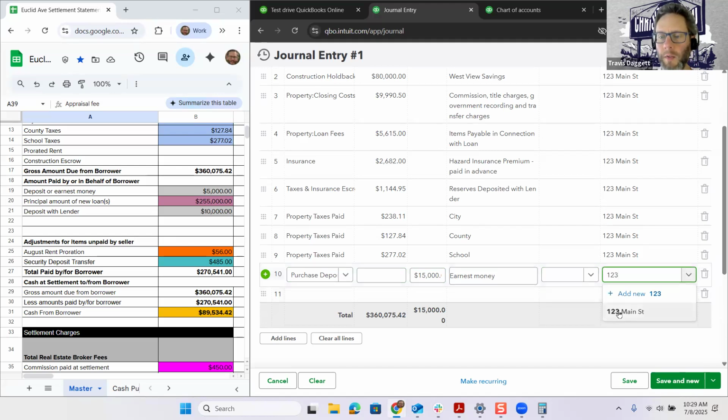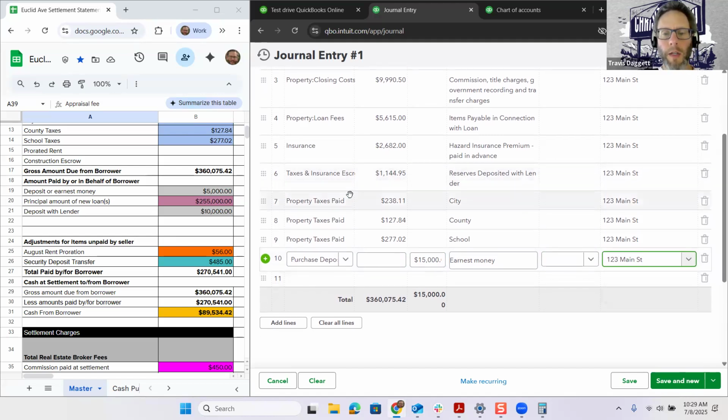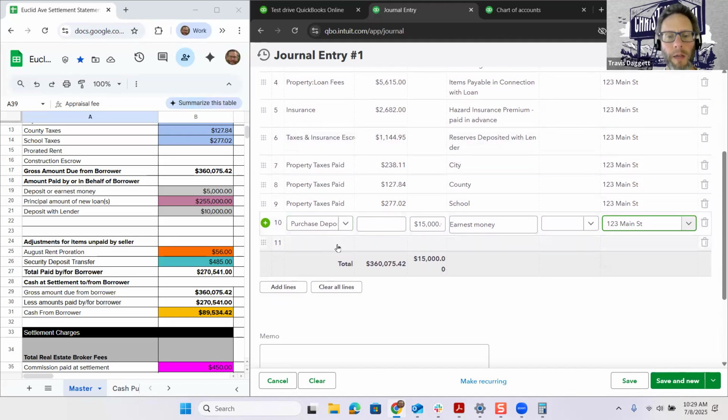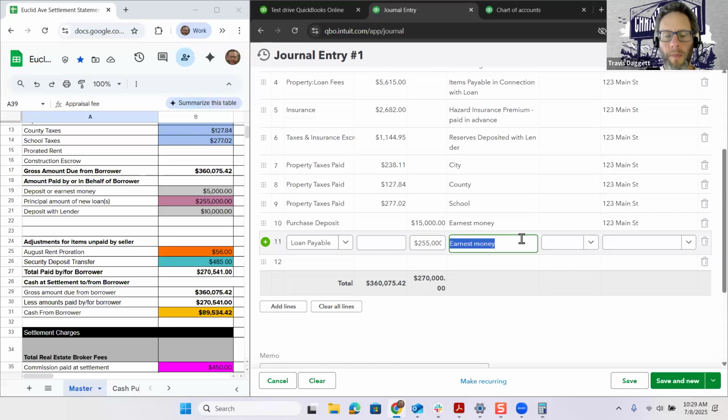And yes, it's specific to this property. Okay, so you can see now we're starting down the credit side. Okay, and then we have our loan. And 255. Yes, specific to this property.